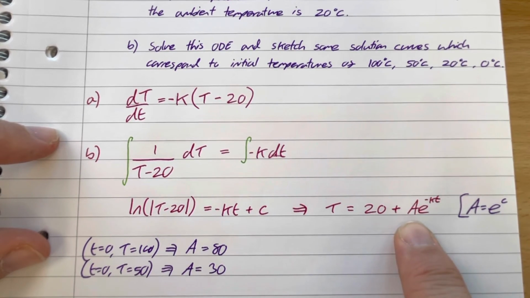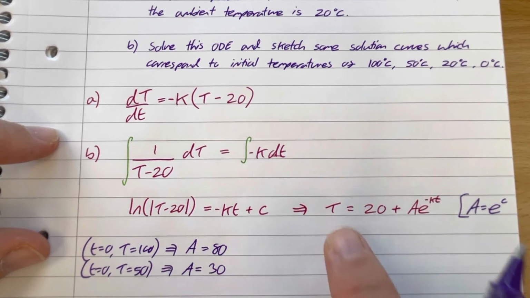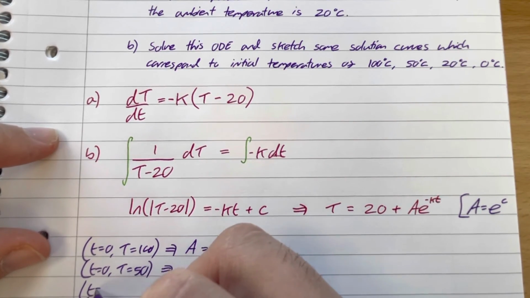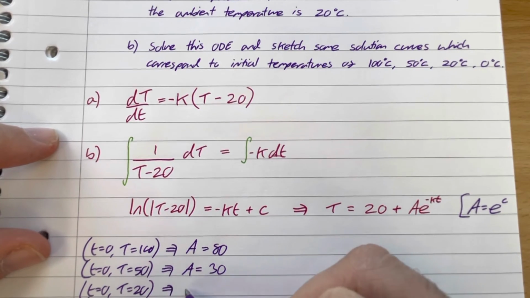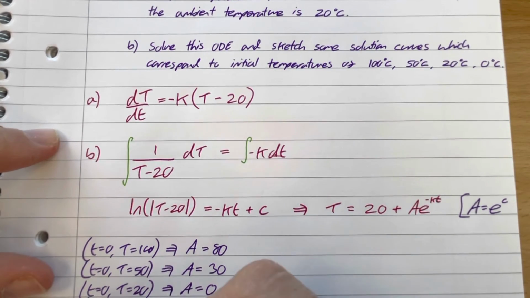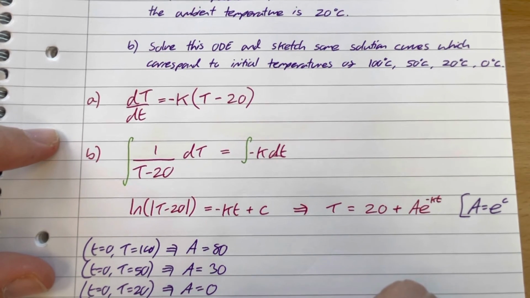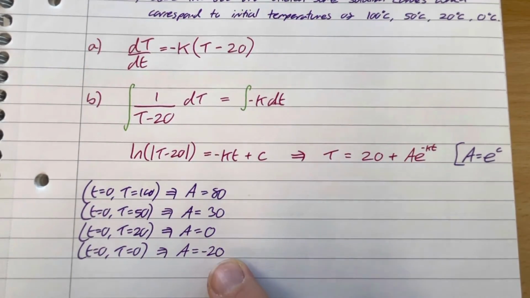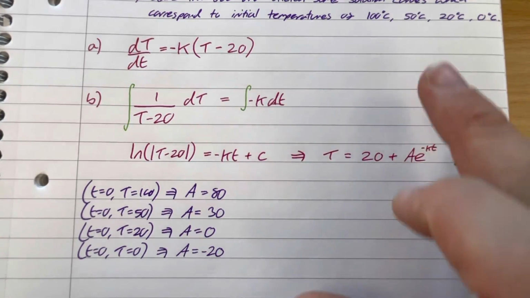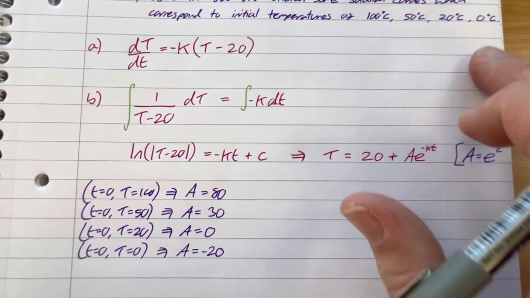Okay, 20 plus 30 e to the 0 is 50. Or when t equals 0 and capital T is 20, then that tells me that A is 0. And if t is 0 when capital T is 0, then that tells me that capital A is negative 20. So I end up with these 4 arbitrary constants, these 4 particular cases, which satisfy the question.